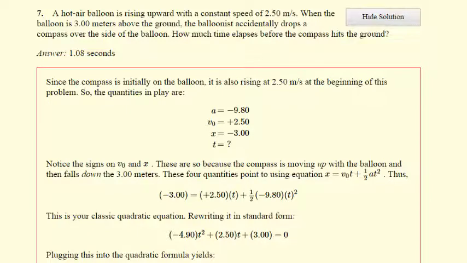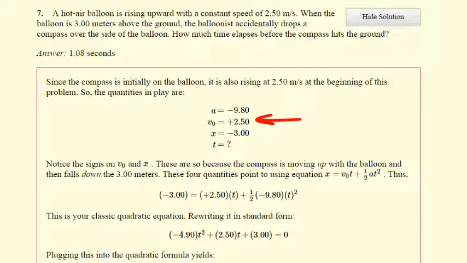Nonetheless, it's still pretty straightforward. In this case I use the balloon's speed as the initial velocity of the compass, because the compass is moving with the balloon, which is being pulled upward, so that is the speed at which the compass is moving when the balloon lets go. The initial velocity of the compass is upward, plus, because it's rising upward.